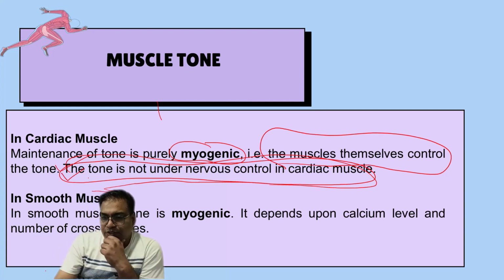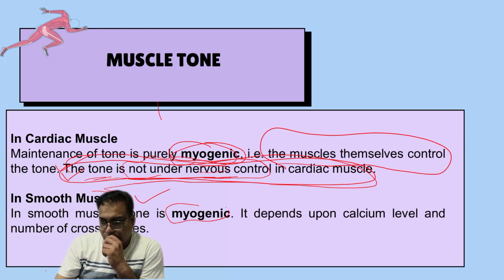Definitely it is influenced by the nervous system, but this tone is not directly generated by the nervous system. In smooth muscles, it is also myogenic in nature, and it depends upon the calcium level and the number of cross bridges in smooth muscles.